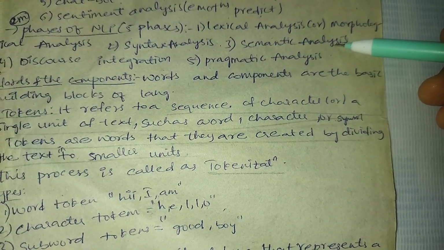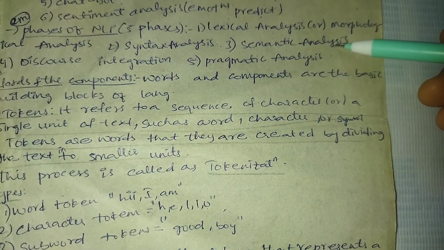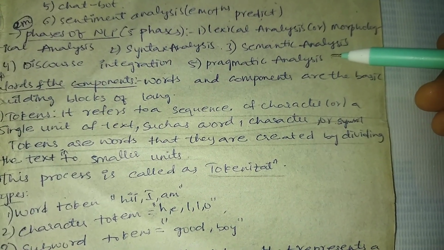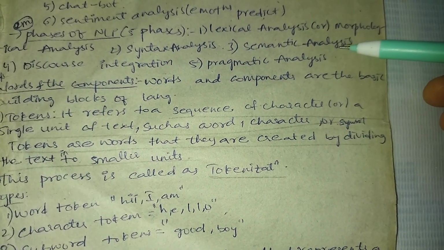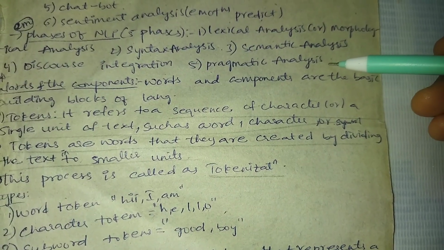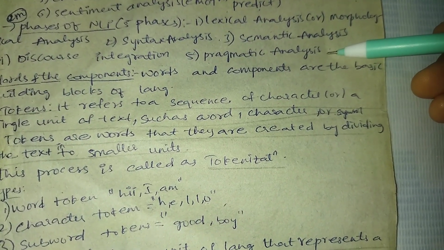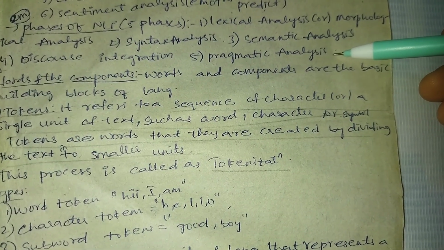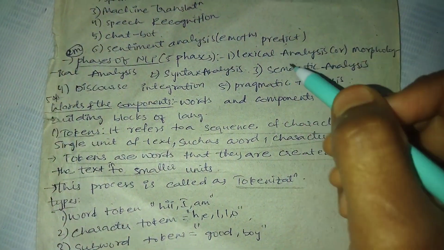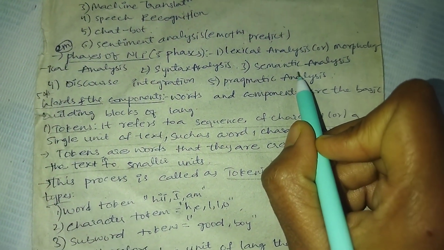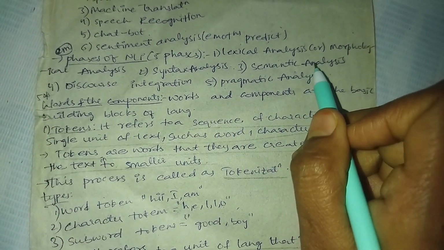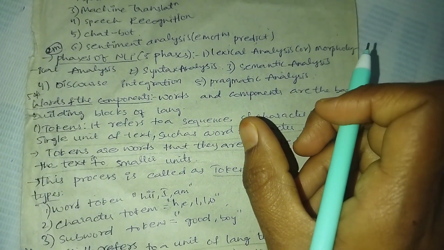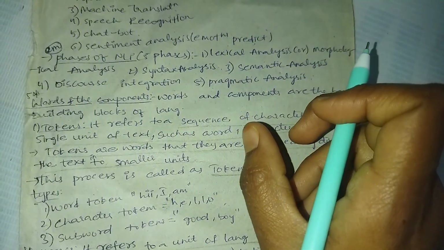Third step is semantic analysis. It is a meaning representation, focusing on literal, meaningful words for the exact meaning of the original text. We use it in our paragraphs and sentences. Semantic analysis mainly focuses on meaningful words and phrases forming a sentence.